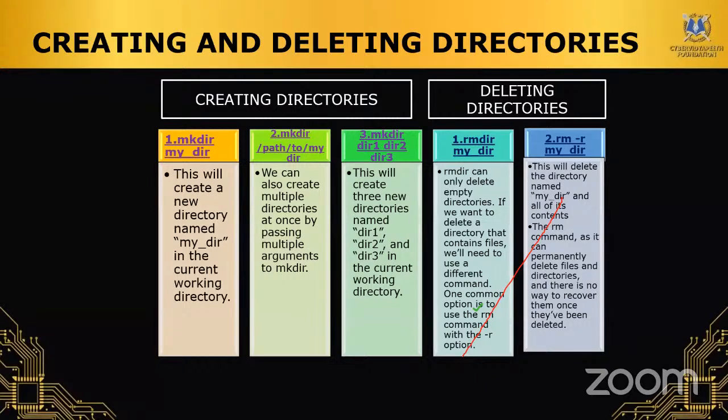For that we can use mkdir, and then we will provide multiple names like this, and this will create three directories named dir1, dir2, and dir3 in the current working directory.